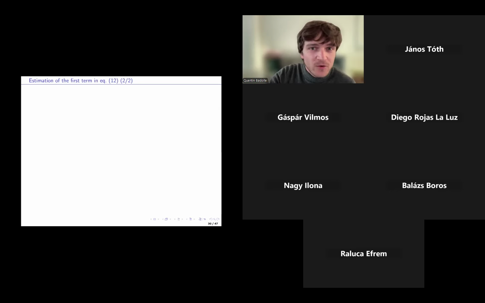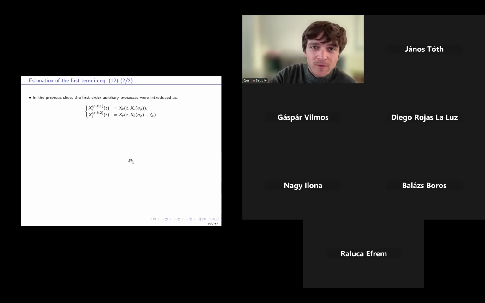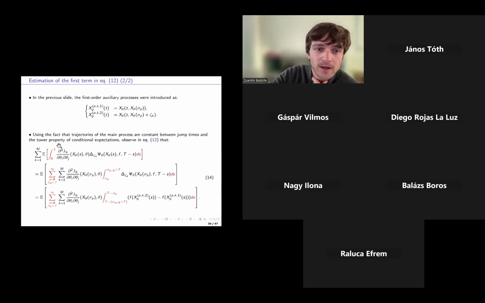With these tools, and the first order auxiliary processes, which I print here again for convenience, we can work on the first term of the theorem which I displayed earlier, namely the one which has the second order derivative of the propensities times the finite difference of the expected output.